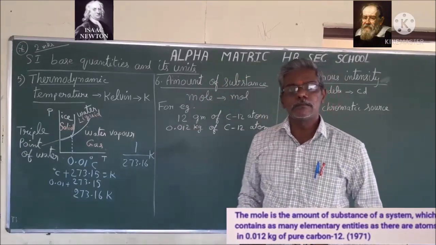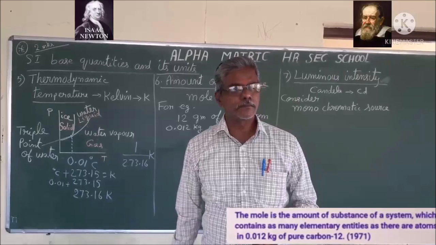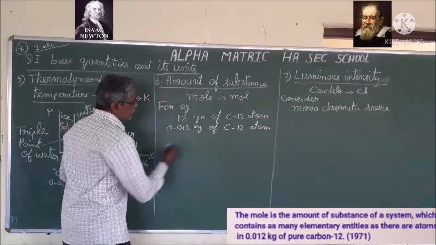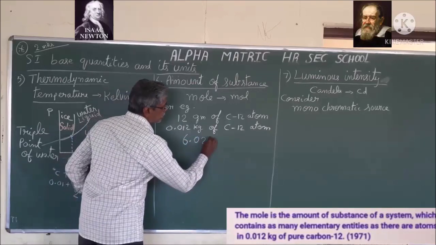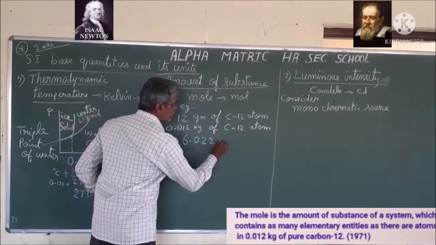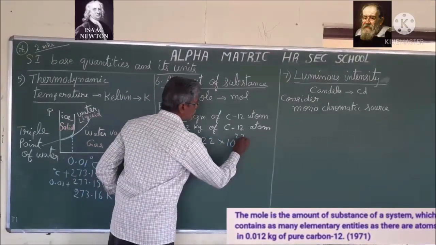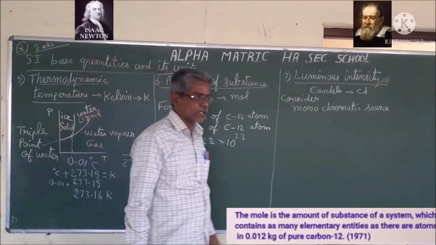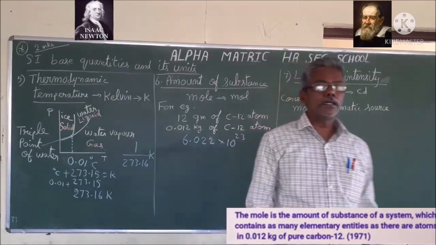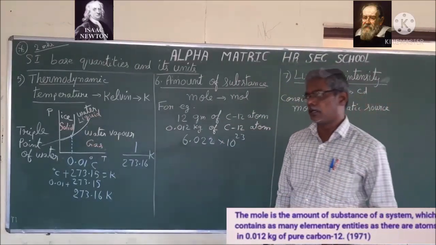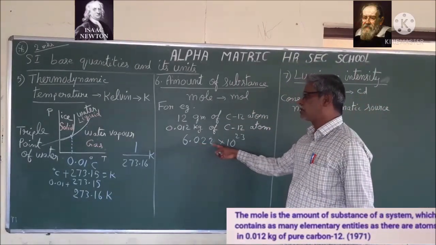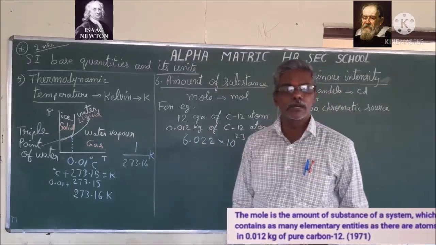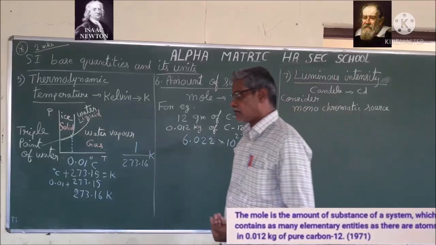How to calculate the number of atoms? We know that the number is equal to 6.022 into 10 power 23. You have already come across this number. This is nothing but the Avogadro number.